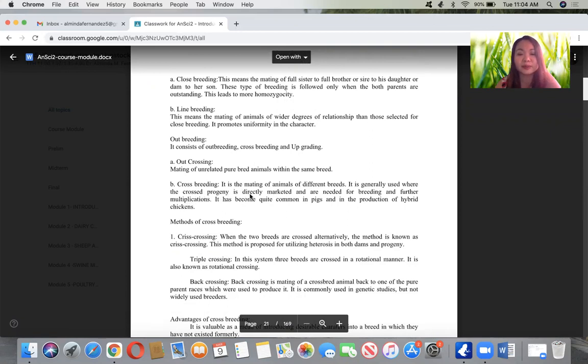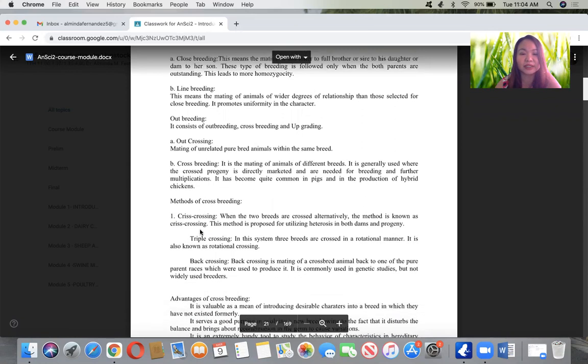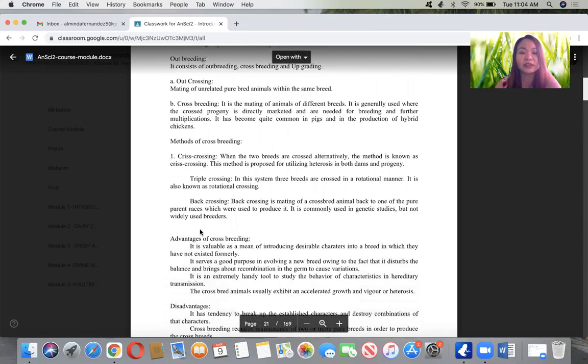Here the cross progeny is directly marketed and needed for breeding and for further multiplication. These are very common in pigs and in the production of hybrid chickens. There are also methods of crossbreeding. We have crisscrossing, when two breeds are crossed alternately, proposed for utilizing heterosis of both dams and progeny.